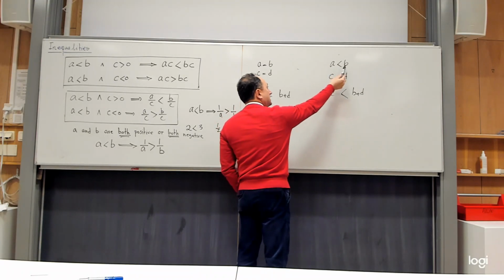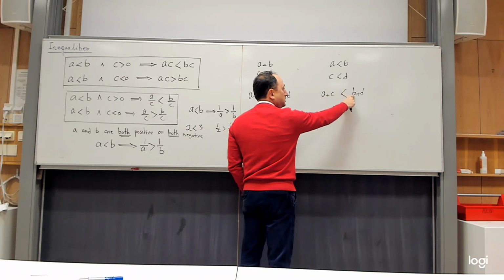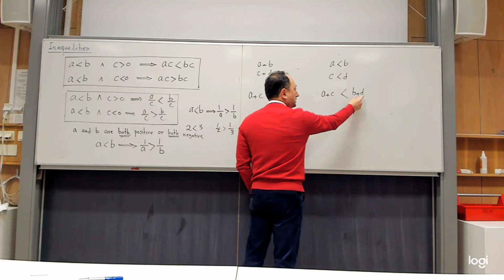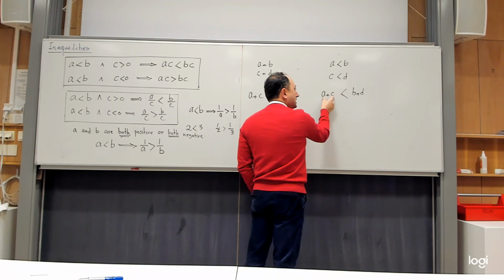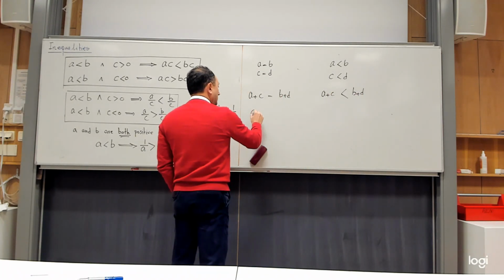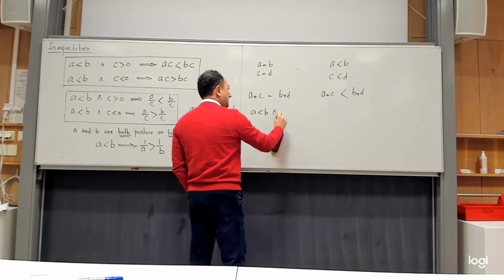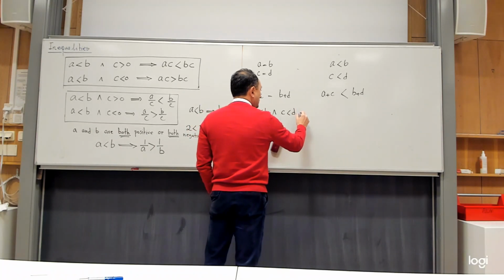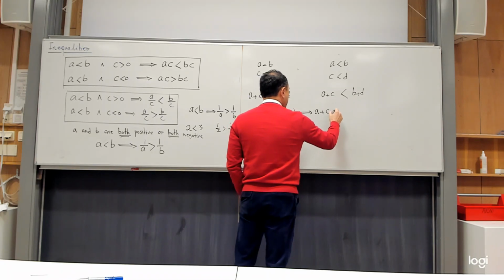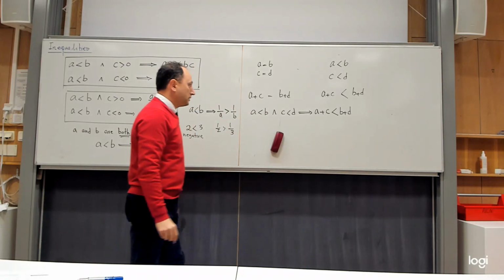Because you say that A is less than B and C itself is less than D. So both A is less than B and C is less than D. The summands, both of them are smaller than the summands here. So it is clear this is smaller than that one. So that's also something that I want you to learn. If A is less than B and C is less than D, you can conclude that A plus C is still less than B plus D. This is something that I want you to know.